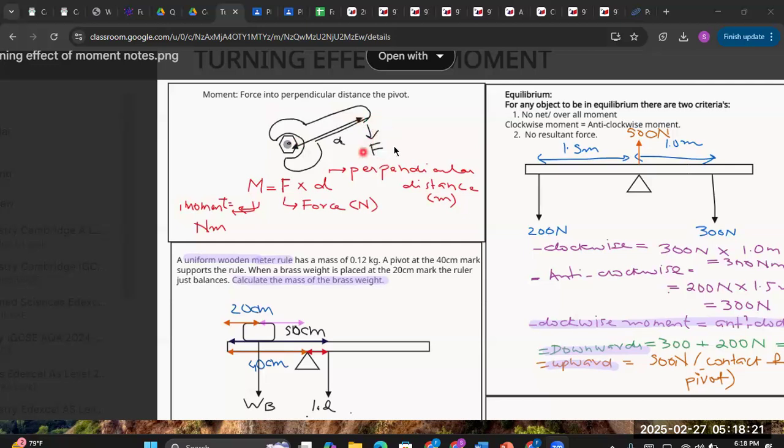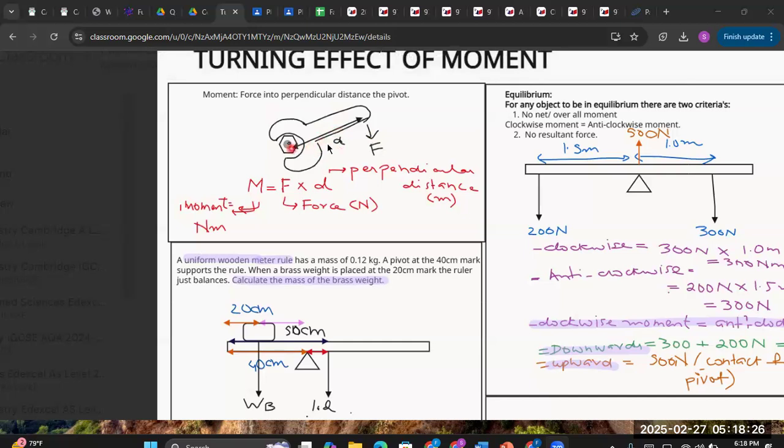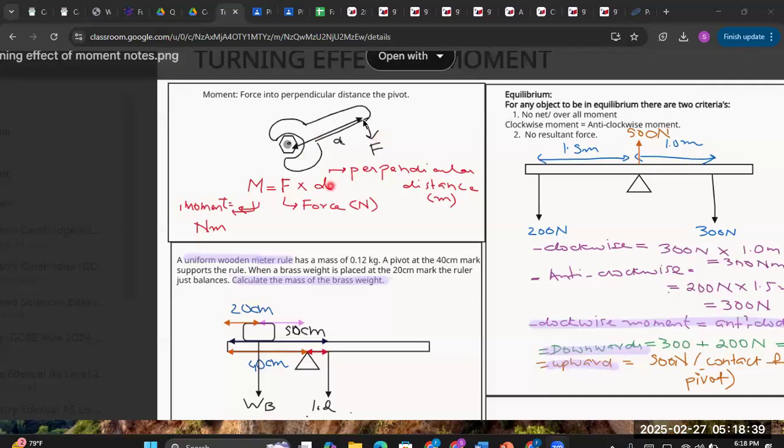So when you take your force and multiply it by the distance from the pivot, you can produce moment, which makes it easy to rotate things. So force into distance is the formula for it.